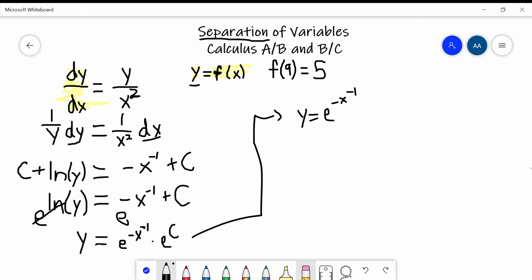I'm going to make a little more space here. y is equal to... e to the c, if you don't know, e is actually a constant. It's like 2.7 dot dot dot, I don't remember the rest of the digits.